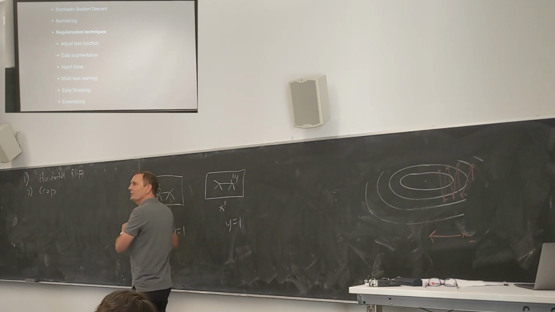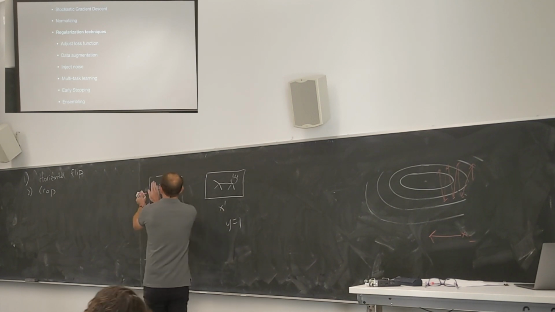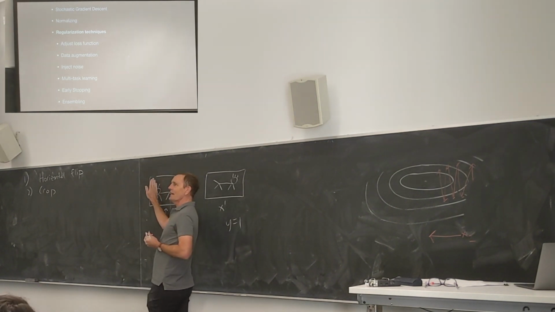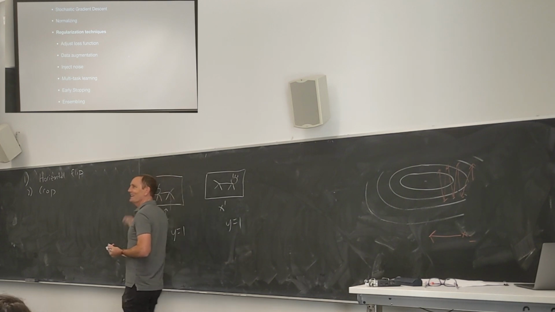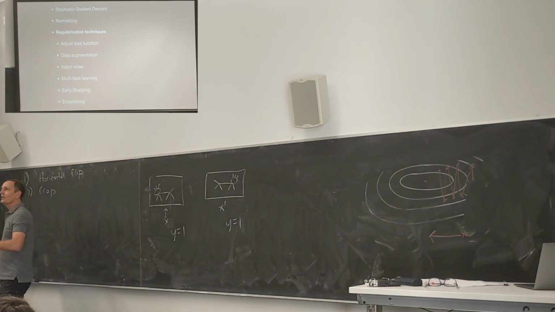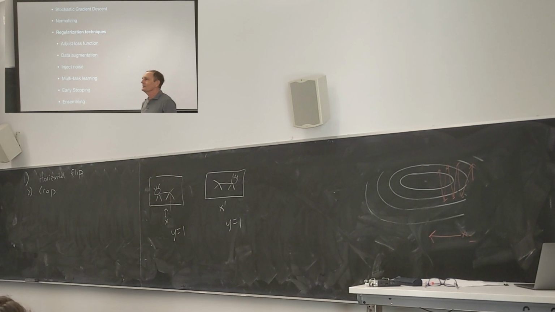Which we only do in the computer, right? We do not do that in real life. So if the cat's face got cut off, is that still a cat? I mean, you and I would look at it and say, it looks like a cat with its face cut off, but yeah, it's a cat. So cropping sounds good.